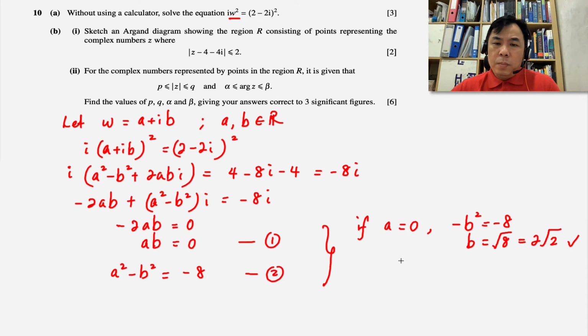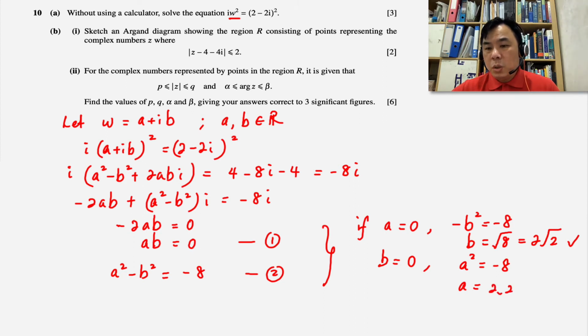Let's try to check the other case. What if b is equal to 0? If b is equal to 0, then a squared will be equal to negative 8. Then a will be 2 root 2 i. But based on our requirement that we have set, a and b must be real numbers.